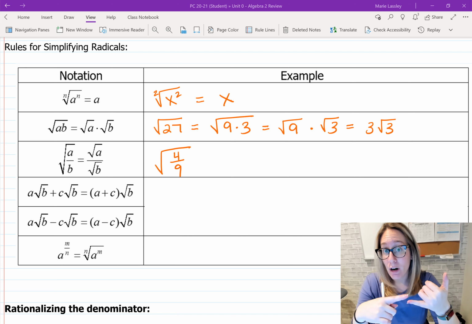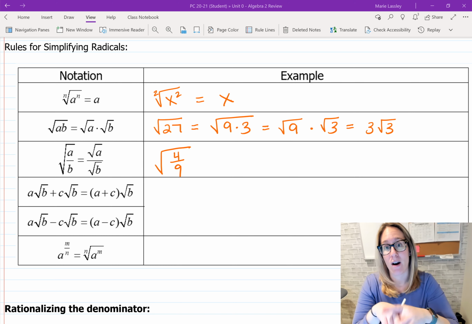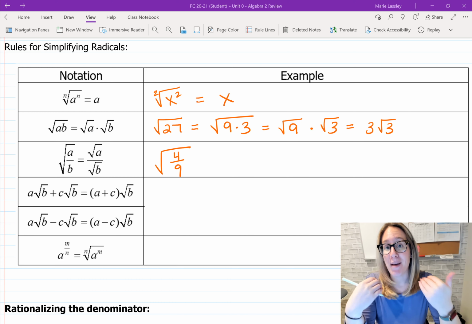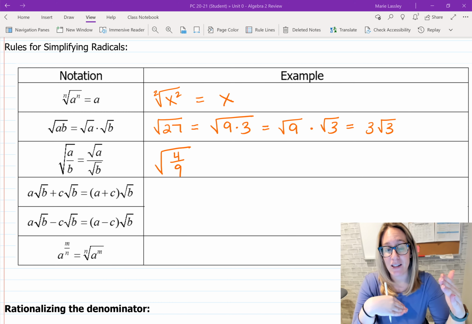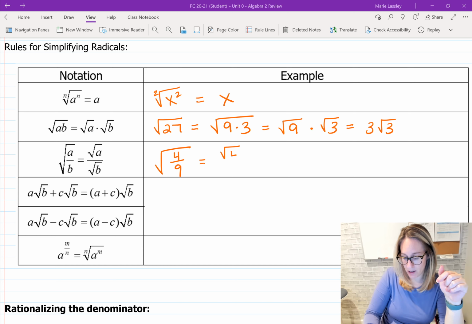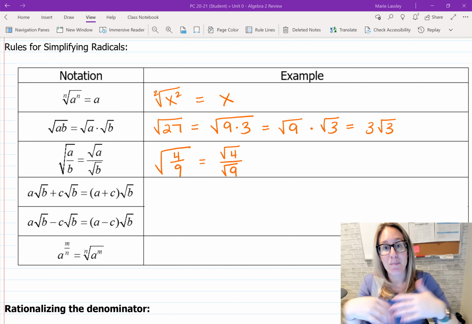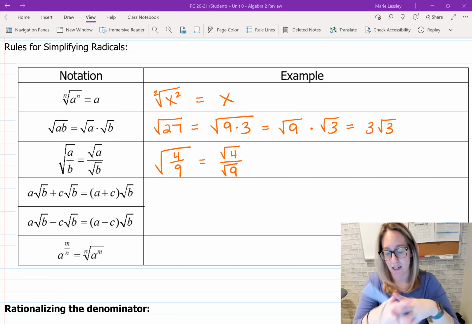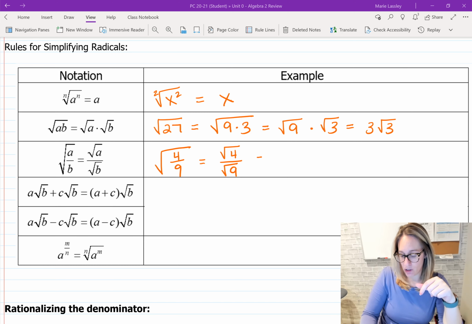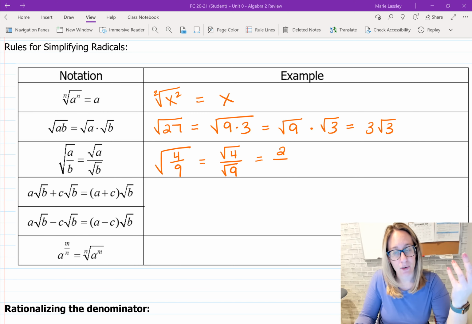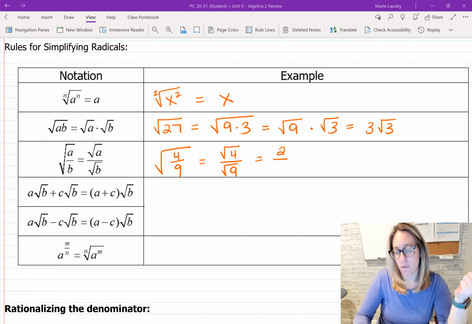But 4 by itself is a perfect square and 9 by itself is a perfect square. So it would actually benefit me to separate the numerator and the denominator into their own radicals. That's what I'm going to do, and we're allowed to do that. So square root of 4 separate from the square root of 9. And now we can simplify each of these radicals separately. So this becomes 2, because that's the square root of 4, over 3, which is the square root of 9.